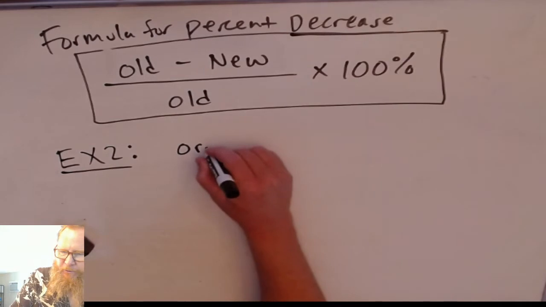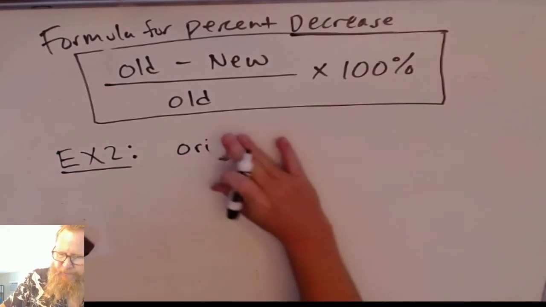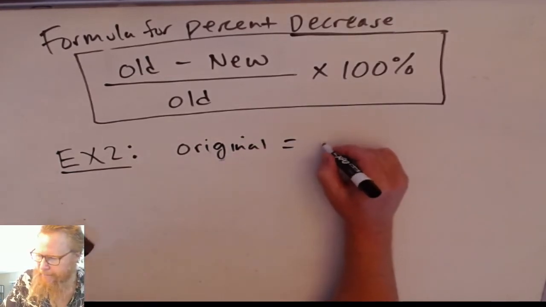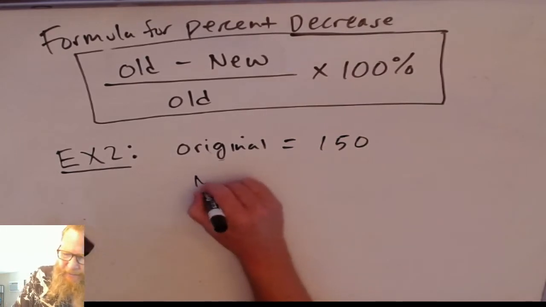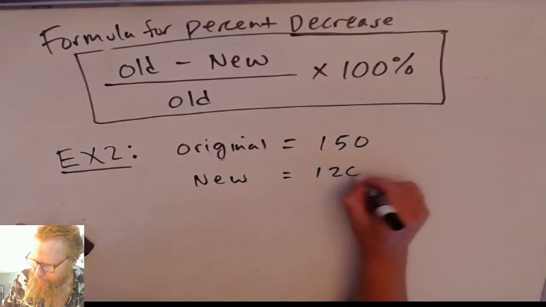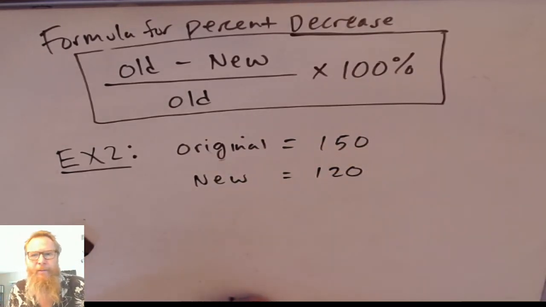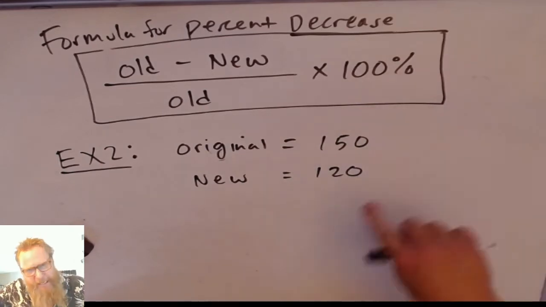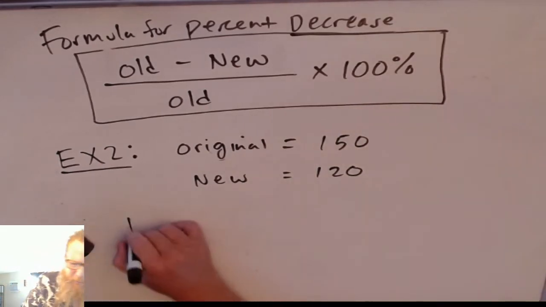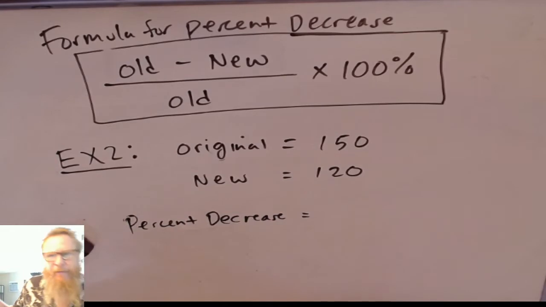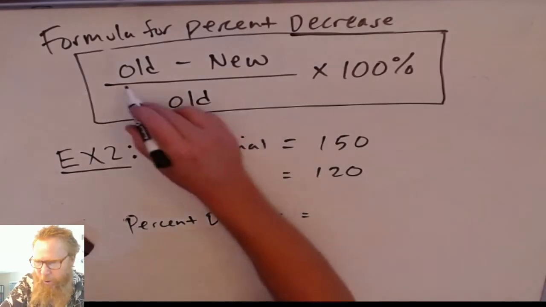So suppose the old or the original is 150, and the new amount or the current amount is 120. So notice it originally was 150, but now it's gone down to 120. And so the percent decrease is old minus new.